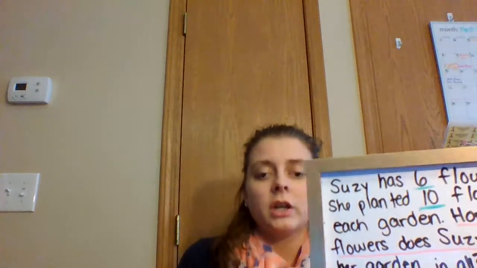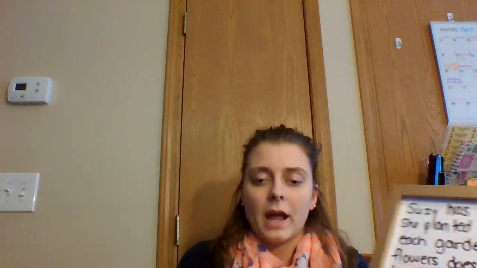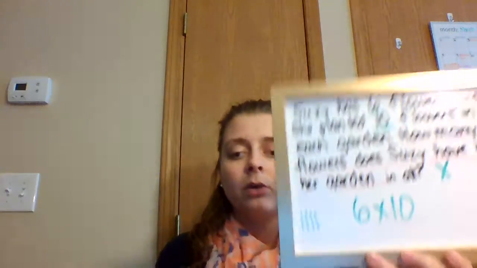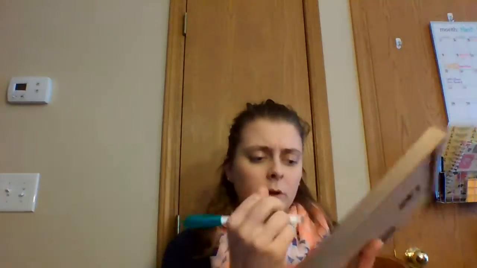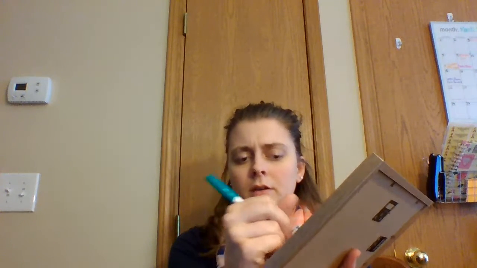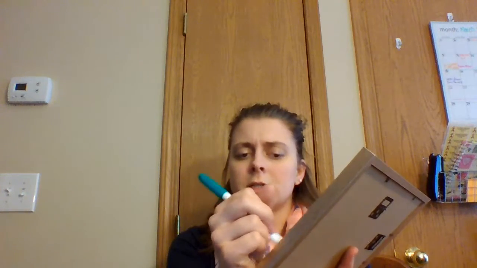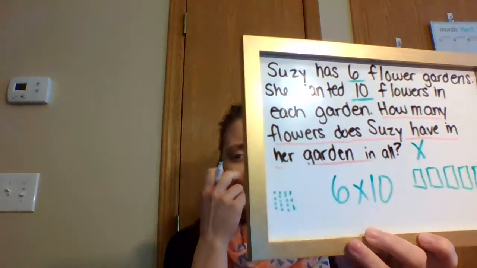So choose your strategy. For multiplication, we talked about arrays, which was columns and rows. We talked about equal groups, which would have been the garden picture that I drew, where you had 6 gardens with the flowers in each.